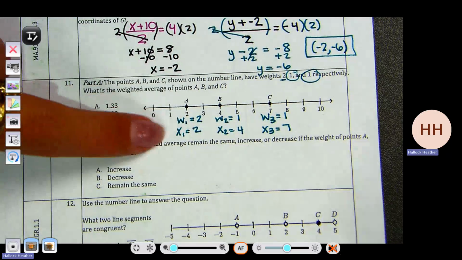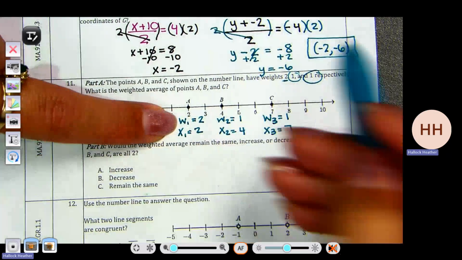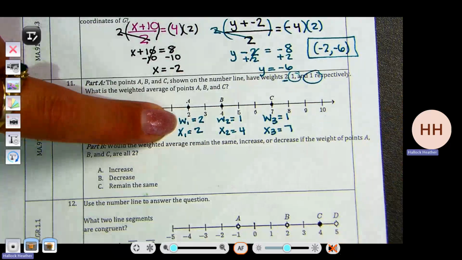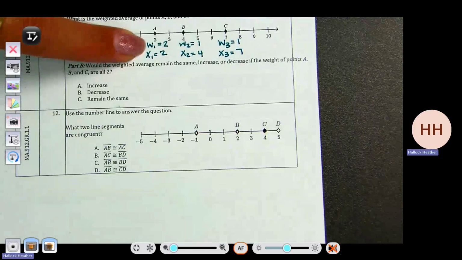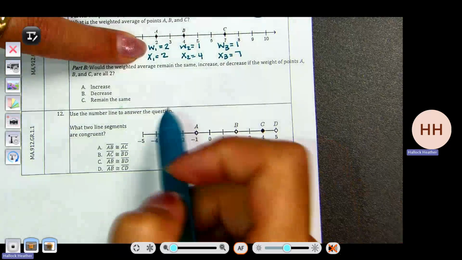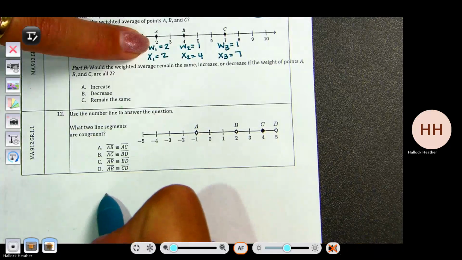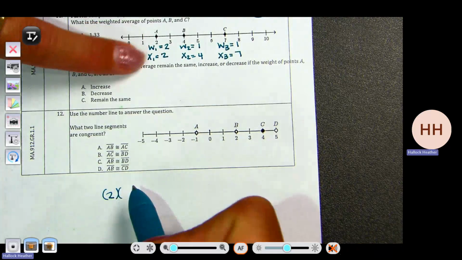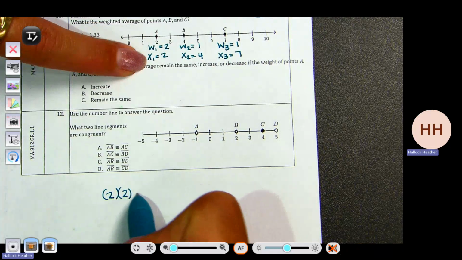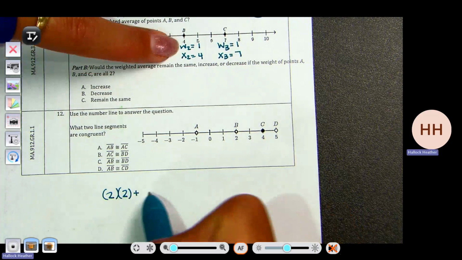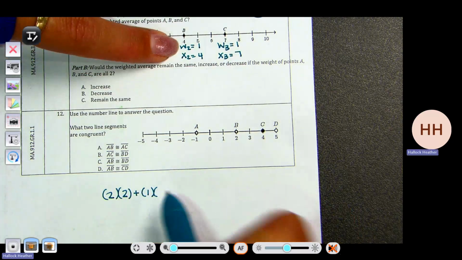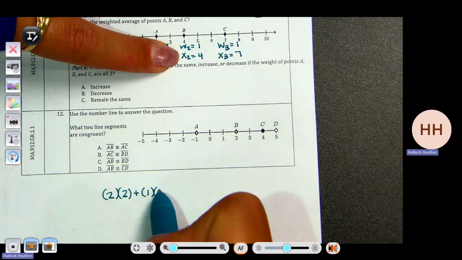So using our formula, we're doing weight, which is 2, and I'm multiplying by the location, which is 2. I'm adding weight, which is 1, and I'm multiplying by location, which is 4.